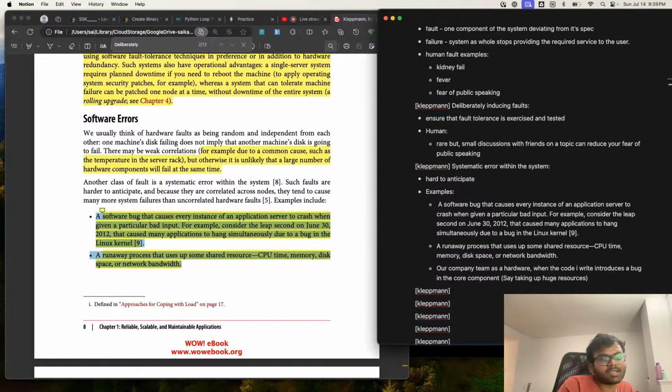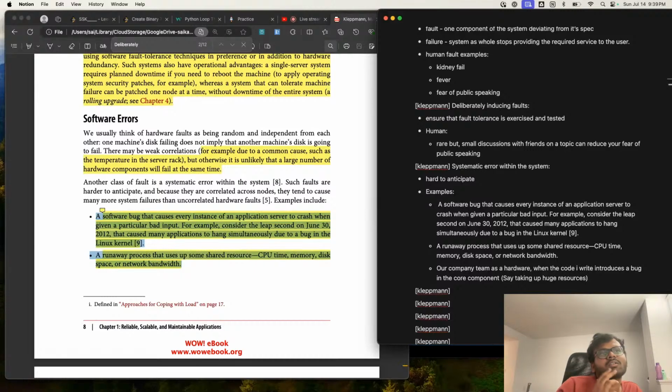That's like a systematic error because of one person failing, or one process failing, the entire ecosystem goes down.